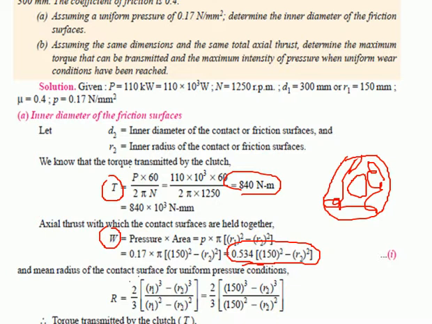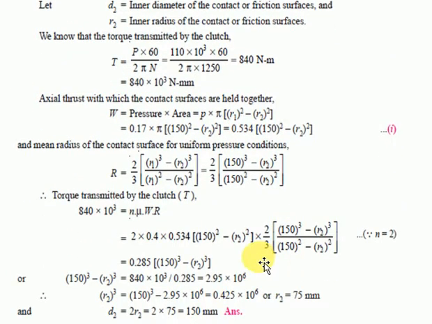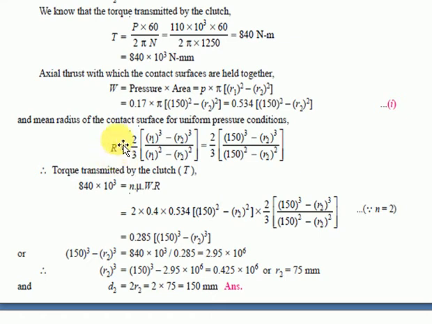Next, this is the mean radius that we have to find. For the formula, the amount of torque transmitted, T is equal to n mu W into R, and R is 2 by 3 bracket R1 cube minus R2 cube upon R1 square minus R2 square. So here it is also in the form of R2, and we put the value of R and W into this equation.